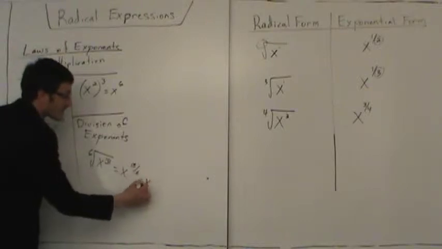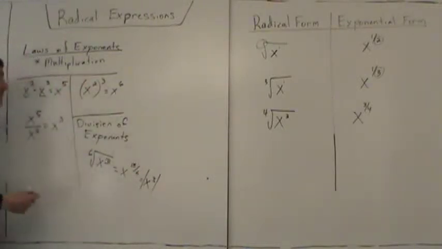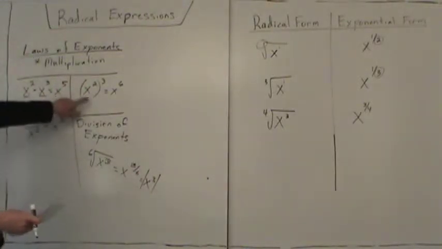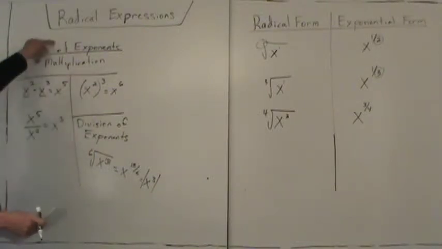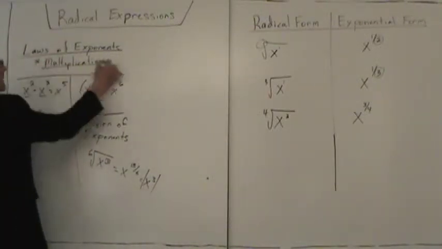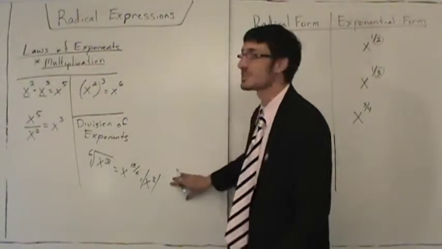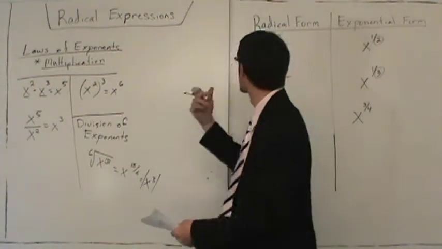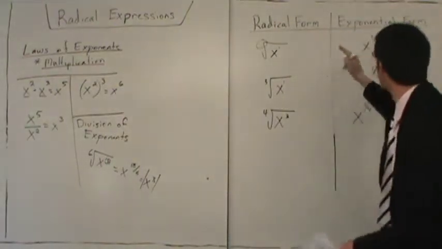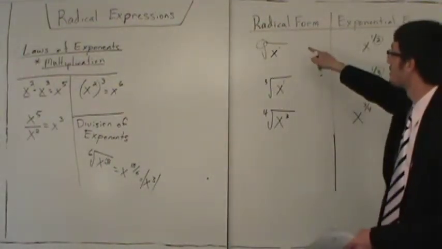Even divided by even results in odd. This is absolute value of x cubed. So these are our 4 main properties of the laws of exponents. Remember, we are counting the number of times in which we multiplied, but I'm actually going to add more sub-properties of the laws of exponents as we go through the exponential form of the radical expressions.